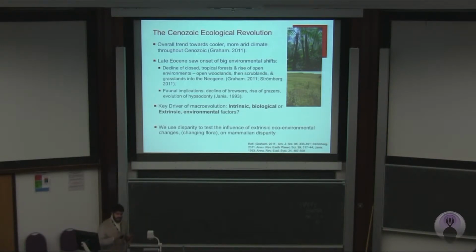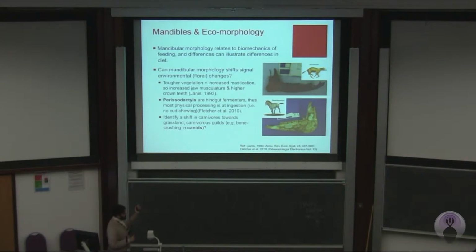They are replaced by temperate woodlands in North America, and then towards the Oligocene and early Miocene we see the radiation of grassland habitats. So we wanted to link mandibular morphology and disparity to the floral changes that occurred. Could we provide a definitive quantitative link there?